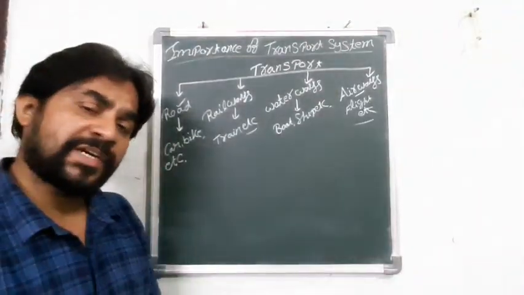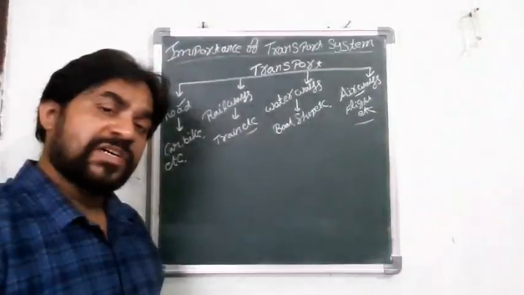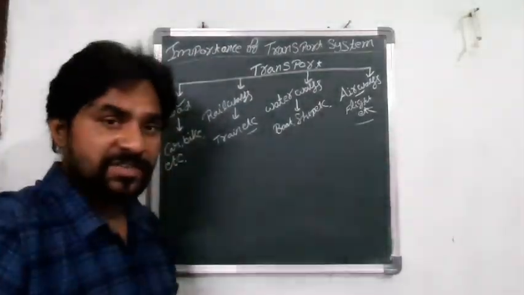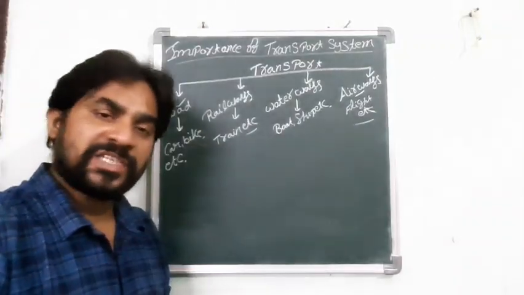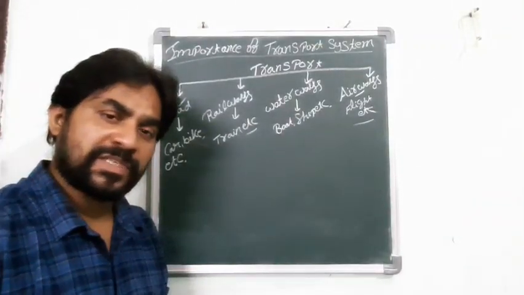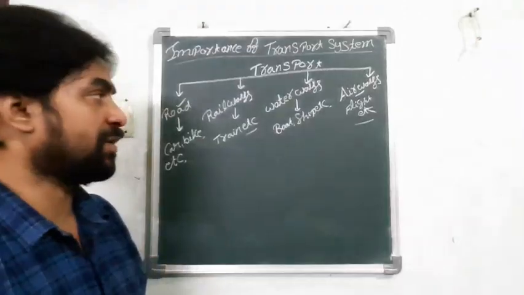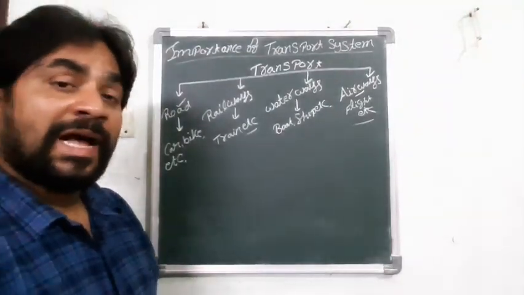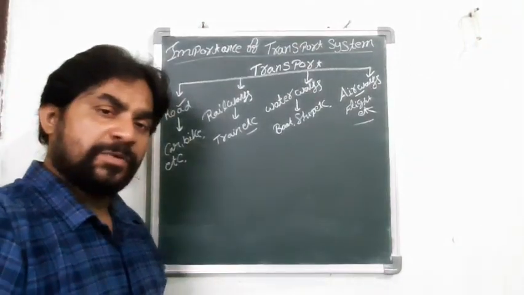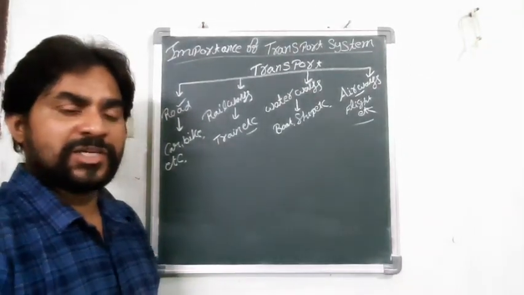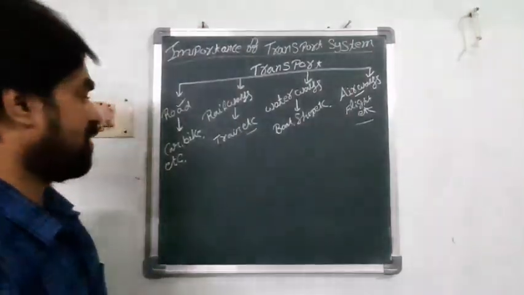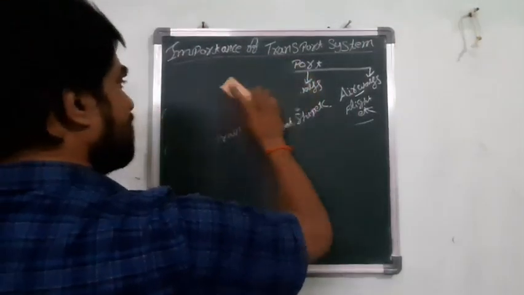Waterways, once upon a time, were chosen for traveling from one country to another, but nowadays seaways are used only for exporting and importing goods. Airways, we know, are chosen by the rich, luxurious people traveling from one country to another. So this is your table's explanation.